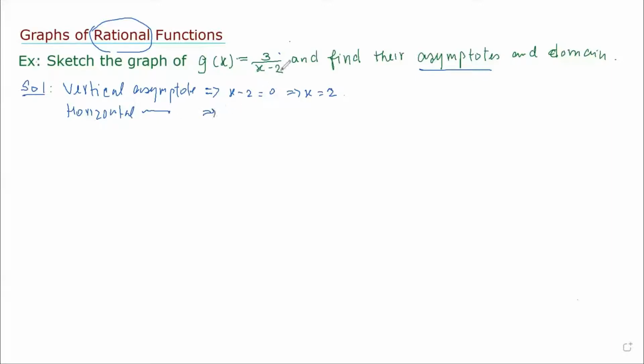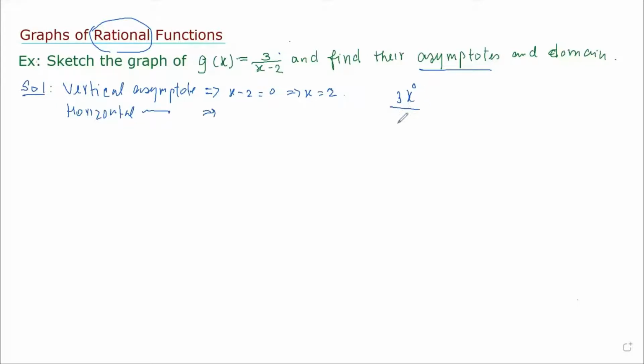You get the horizontal asymptote from the numerator, 3, and the denominator, x minus 2. You look at the higher degree. The numerator 3 means we have x to the power 0. Any real number base with power 0 is equal to 1, correct?